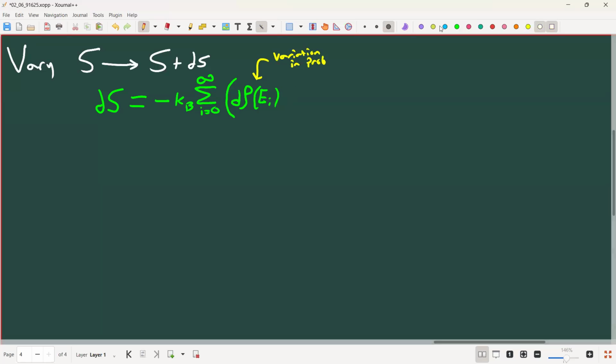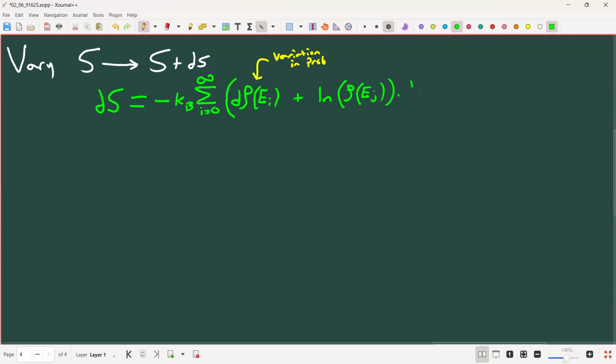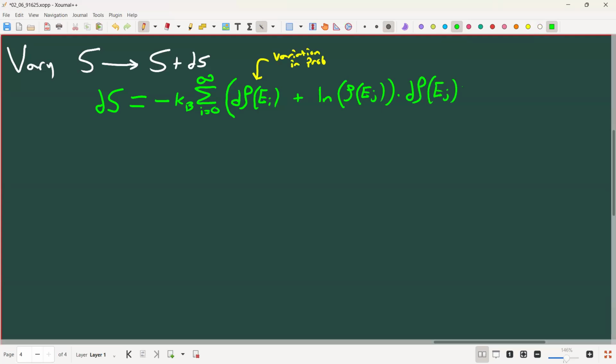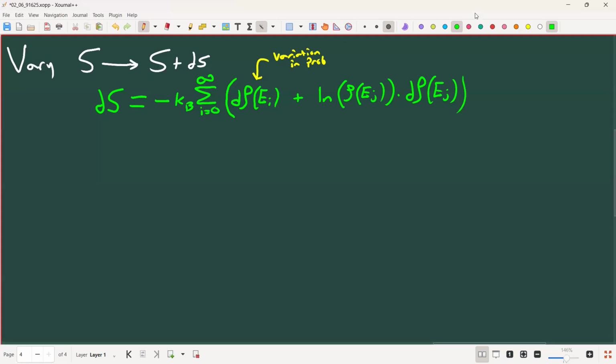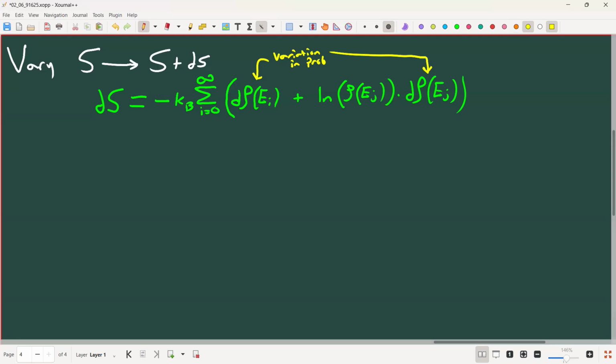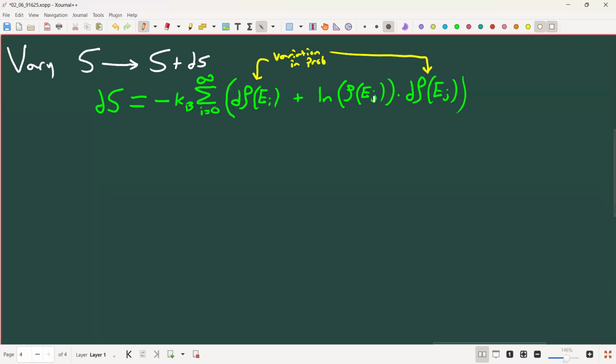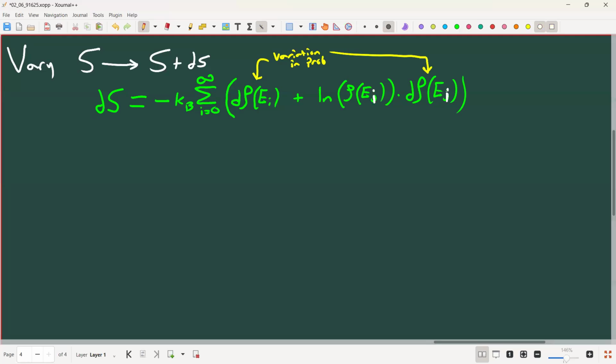And then there's an additional term, which is the log term, and E of E sub j times the derivative of P of E sub j. So this is the variation in the probability. Right? E_i, you mean? Yeah, E_i, thank you. I'm sorry. I like using j a lot, and you can see that I'm making mistakes.